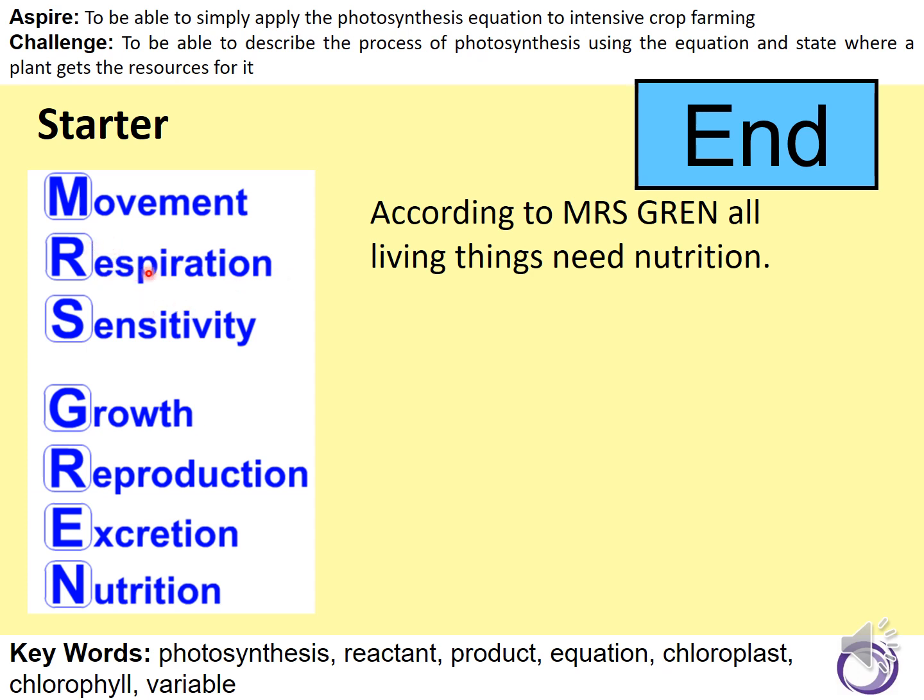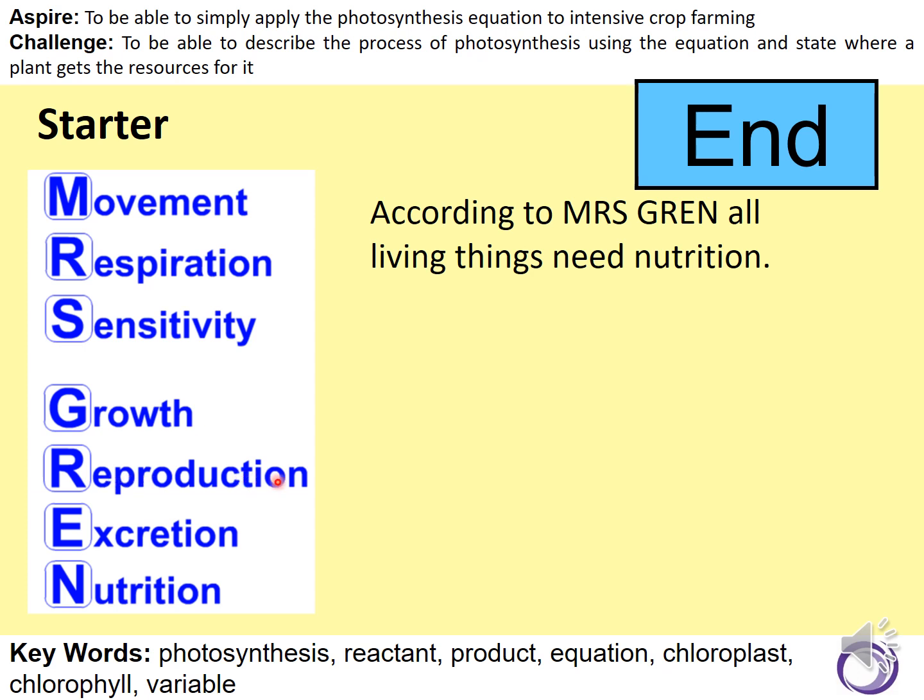We've talked about that in relation to a structure in a cell in the first lesson called a mitochondria. Sensitivity, which seems strange in plants, but they're sensitive to light, for example, and gravity. Growth, which is part again of today's lesson, because obviously we need nutrition for that, and we're going to develop that particular thought as we run through today.